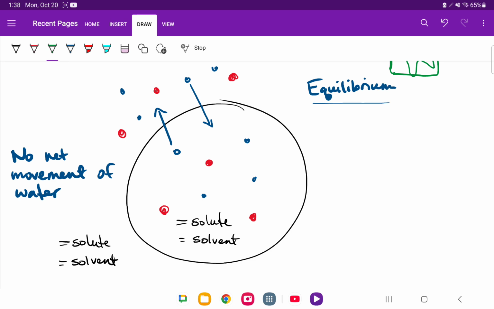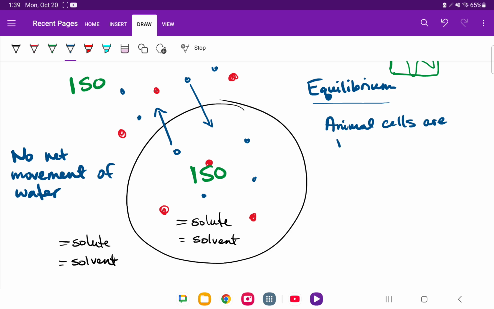Now let's talk tonics. Remember, iso means equal. So we have equal concentrations of everything inside and outside the cell. That means the solutions are isotonic to each other. So animal cells, they don't have to lose water. They don't have to gain water.